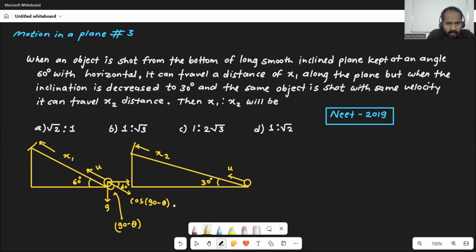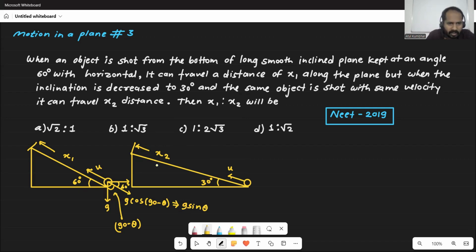So you will have the component g sine theta in that direction. But it is in the opposite direction, opposite to g, so we need to take it as negative here.